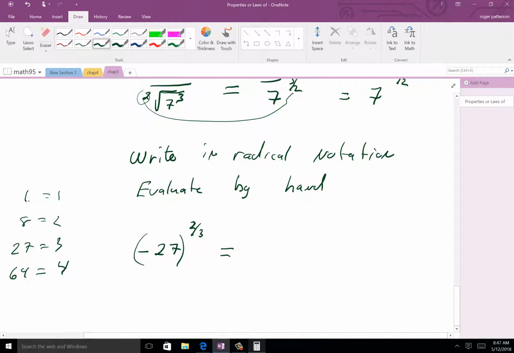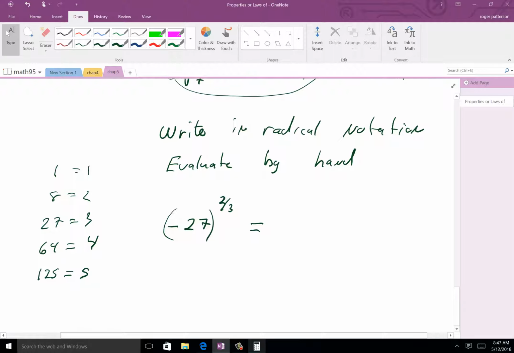So if I cube 1, I get 1, cube root 8, cube root 27, cube root 64, cube root 125. All right, so it'd be nice to have those a little bit, kind of someplace, so you can kind of recognize when we're doing these ones.